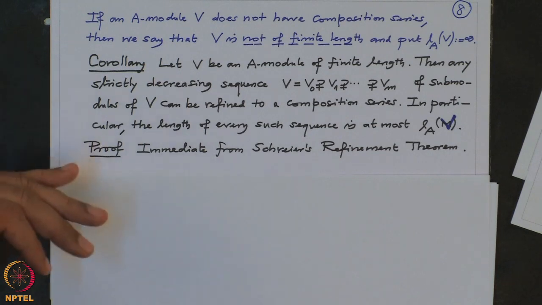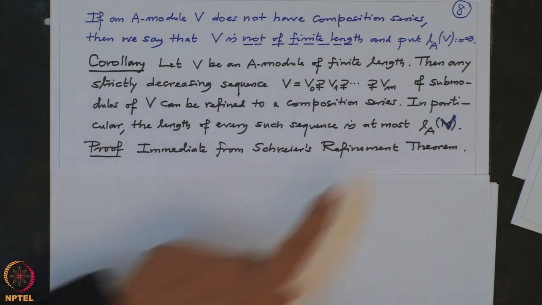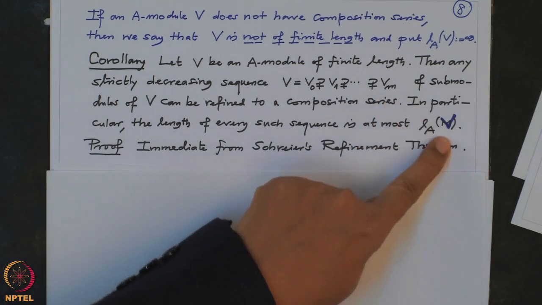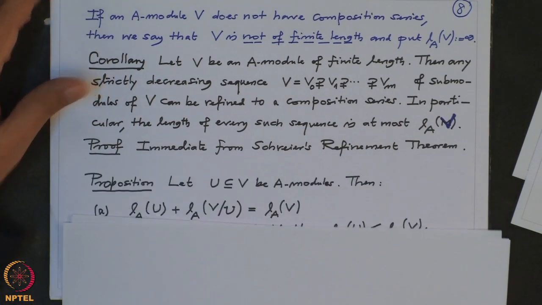But then these two composition series have the same length, and therefore this m will be at most the length of V, because the length of V is by definition the length of a composition series.